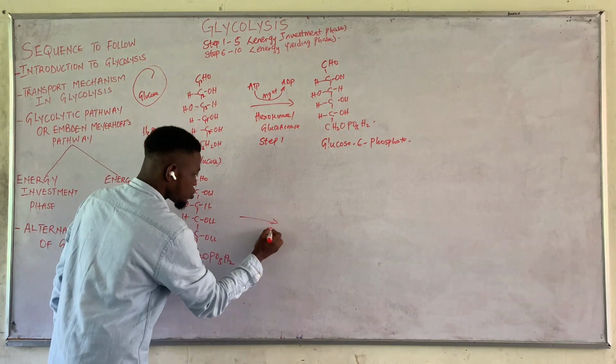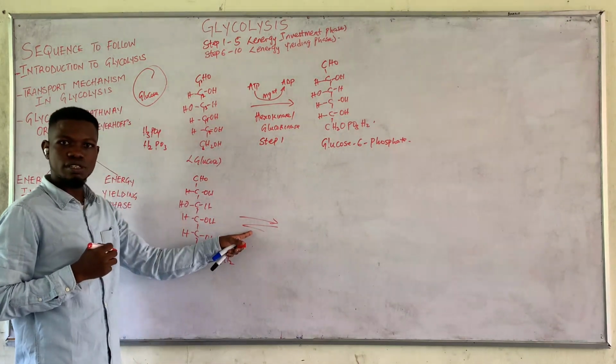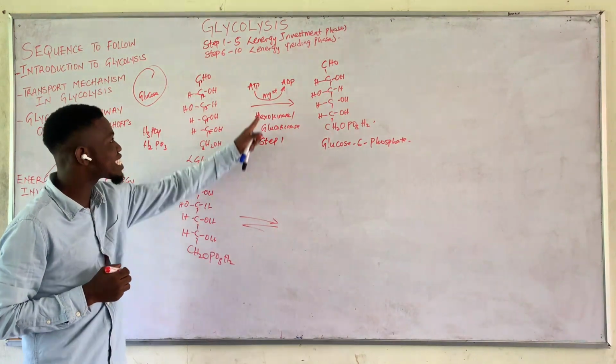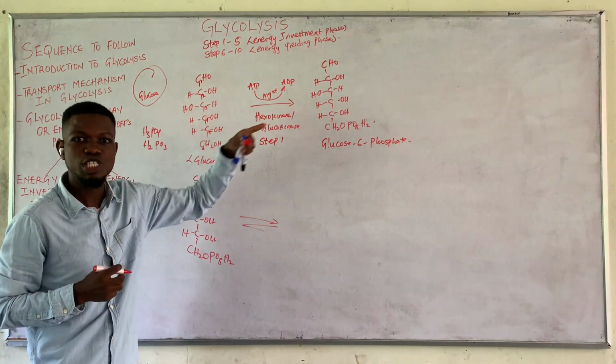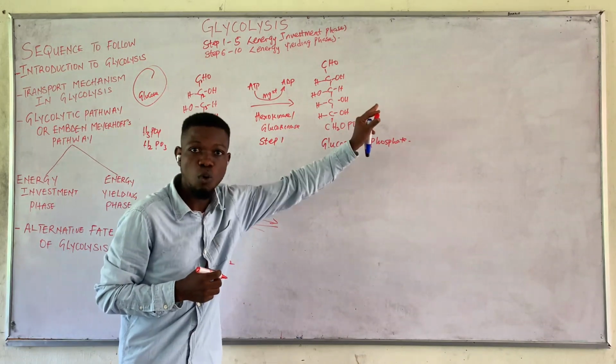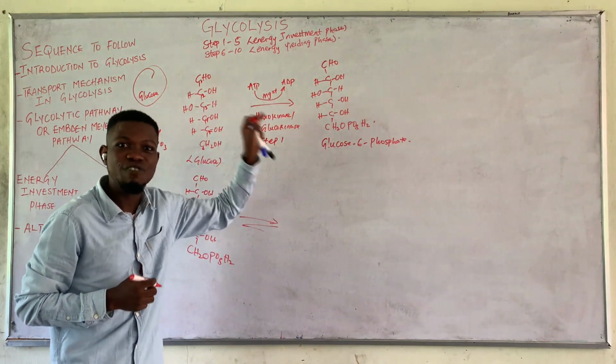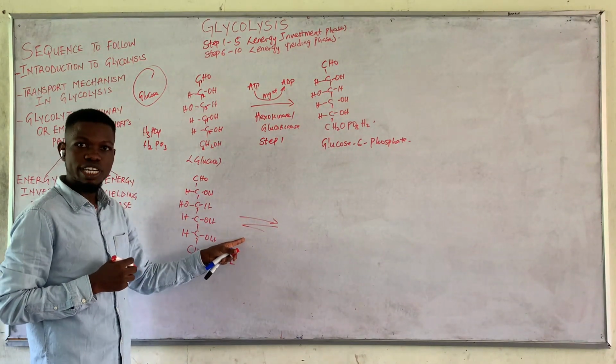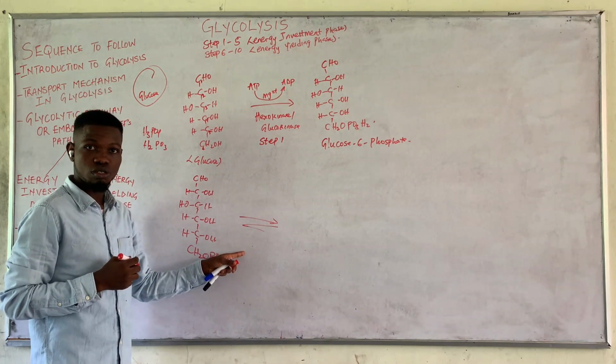Don't forget that step 1 is irreversible. It means that the arrow is pointed forward. It is an irreversible reaction. But in step 2, it is a reversible reaction. Do you get it now?